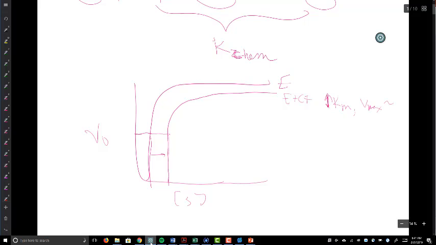Okay, so where would my plateau be relative to the plateau for the enzyme and the competitive inhibitor? It would be lower. And so then where should I draw my curve? Should I draw it to the left or to the right of the enzyme with no inhibitor? That's right. So we would draw it to the left.